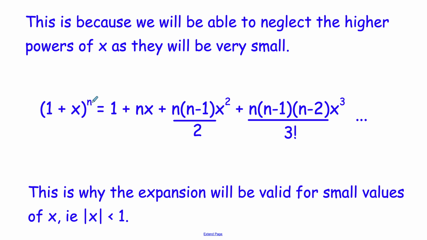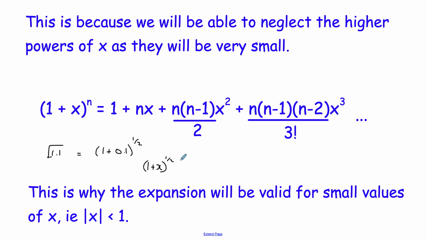We talked about all of this in lesson 1. What that does mean is that we can actually work out approximations. So they might want us to work out the square root of 1.1. And we can use this expansion because that would be when x is 0.1. We'd work out 1 plus x to the power of a half up to however accurate they want us to be.